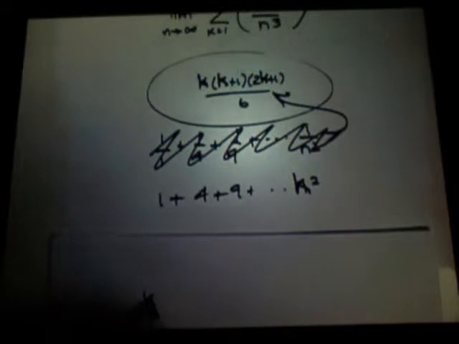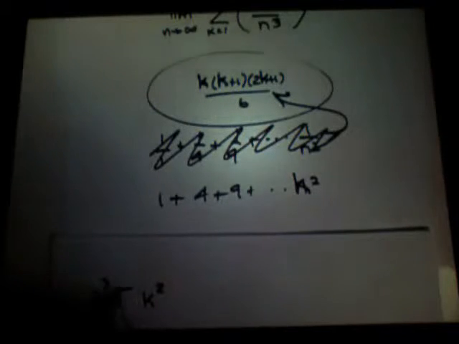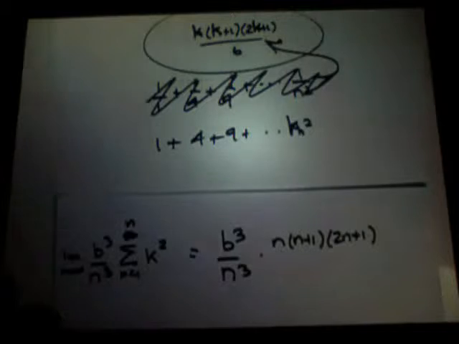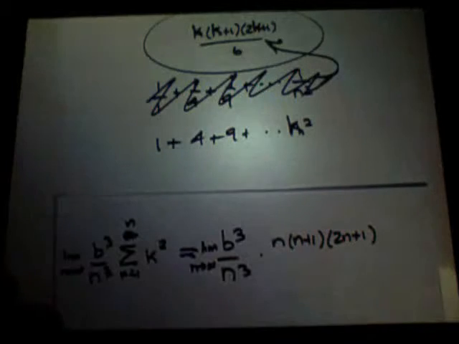I'm getting flaky. So I factor out things that don't involve k. You're going to let n go to infinity out here. And we just decided that's b cubed over n cubed times the sum of the k squares, which, if I go up to n, is n times n plus 1 times 2n plus 1, over 6. I forgot the 6. So we want the limit as n goes to infinity.